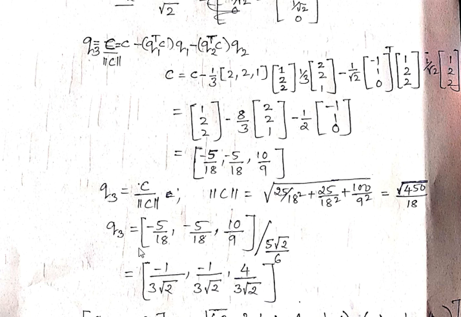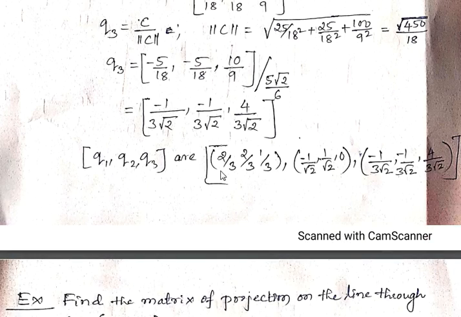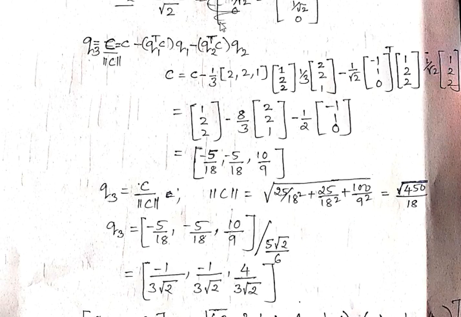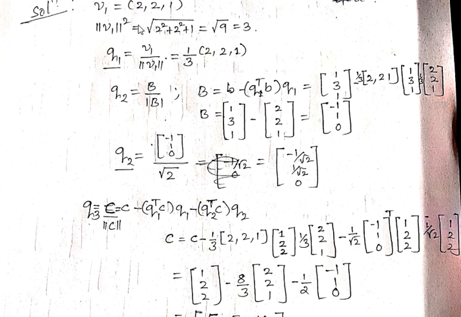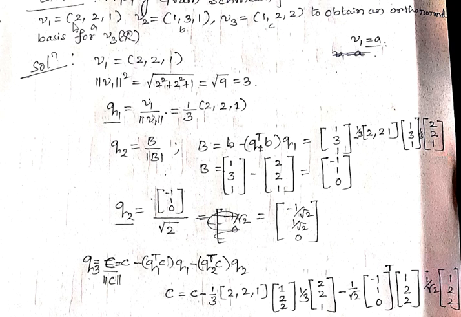In this way we can write Q1, Q2, Q3. These are the three orthogonal bases, or orthonormal vectors, of these columns, which are given as (2, 2, 1), (1, 3, 1) and (1, 2, 2).